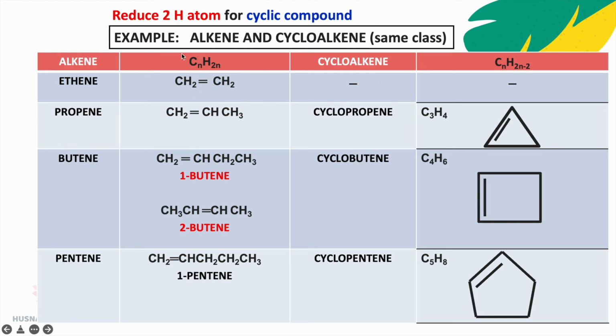So the general formula for alkene is CnH2n. The general formula for cycloalkene, you have to reduce 2 hydrogen, so CnH2n-2. And this is cyclobutene, this is cyclopentene. The ene at the back of the name means it is alkene, C double bond C.